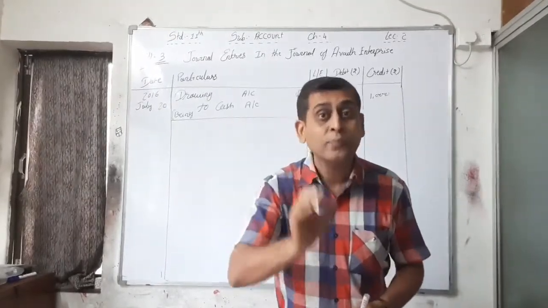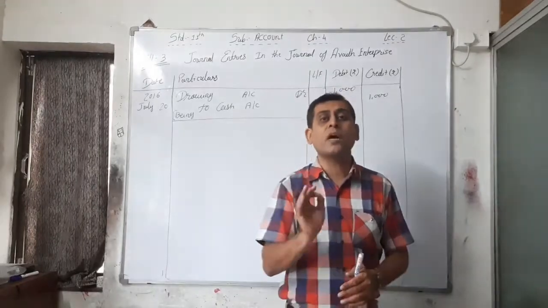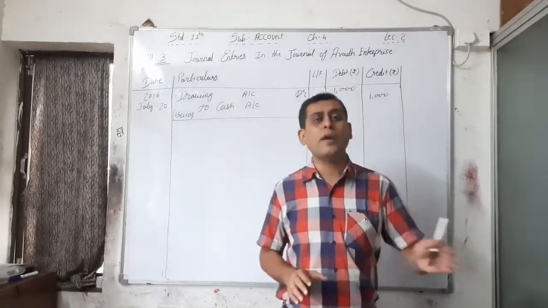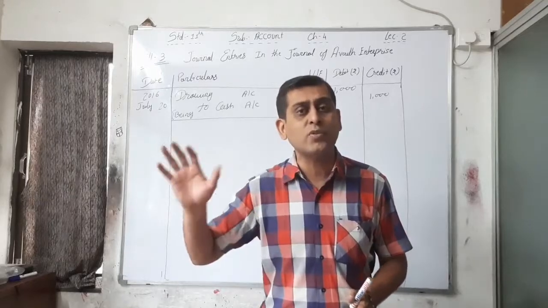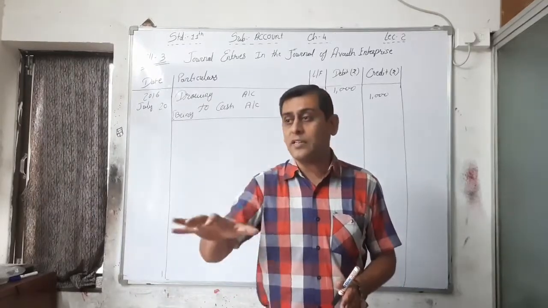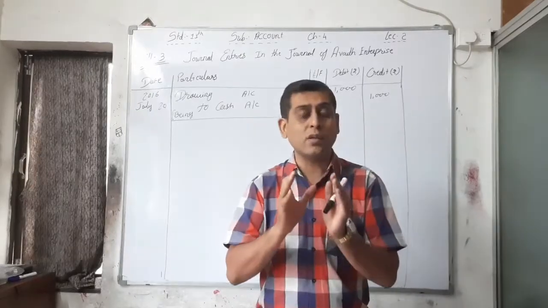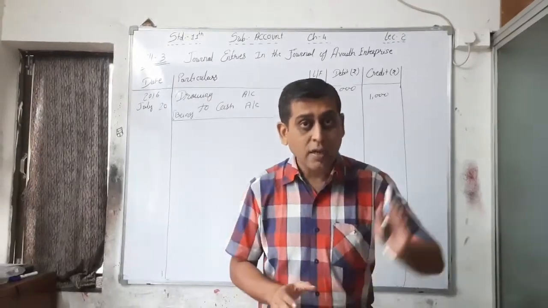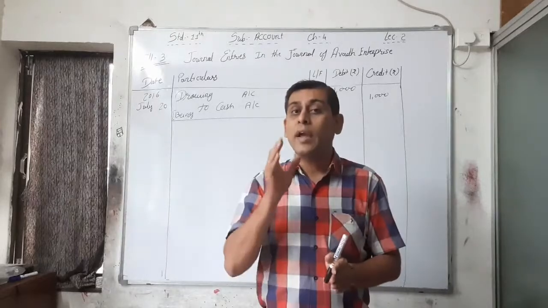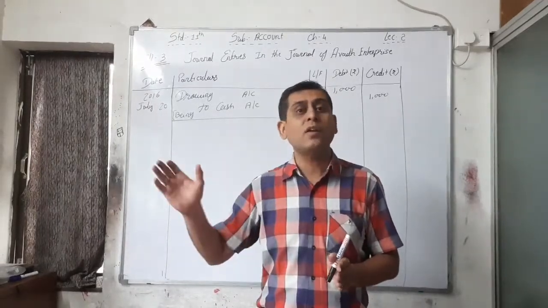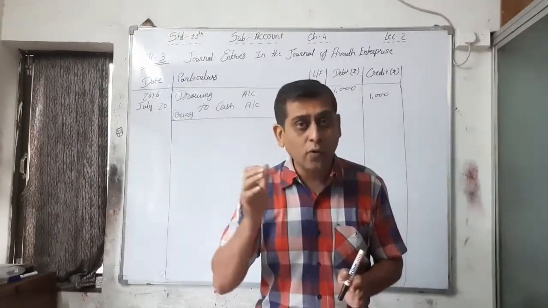Please keep in mind, if only insurance premium account is given, insurance is paid for the business, rupees 500, rupees 1000, that means it is an expense of the business. That's why insurance premium is a nominal account, and that expense is debited to the books of accounts. Okay.